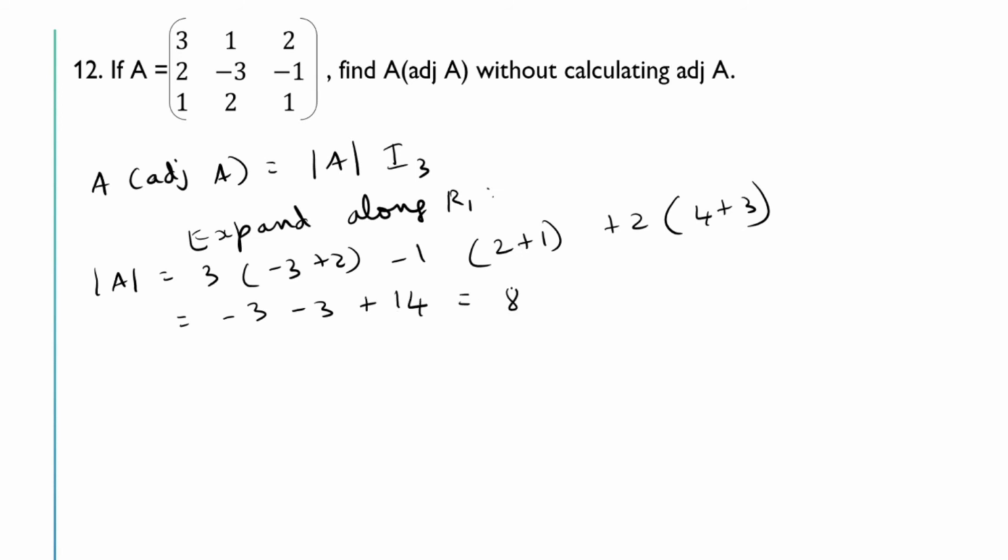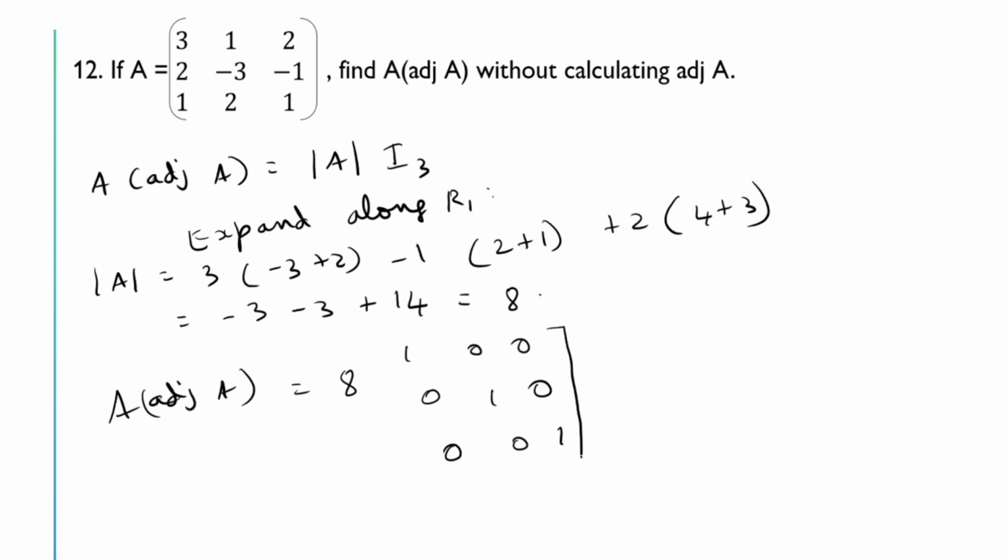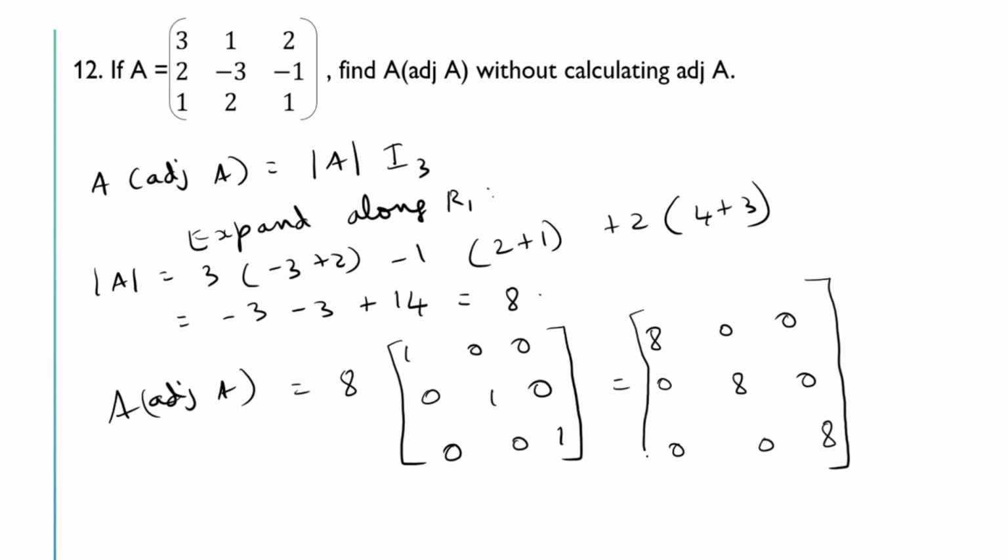So this is equal to 8. So A into adjoint of A equals determinant of A, which is 8, and I3 is 1 0 0, 0 1 0, 0 0 1. Or A into adjoint of A is equal to 8 0 0, 0 8 0, 0 0 8. So this is the value of A into adjoint of A.